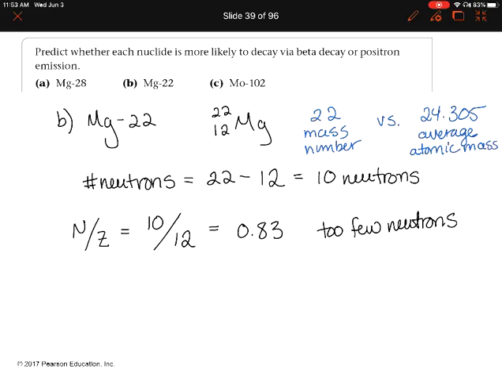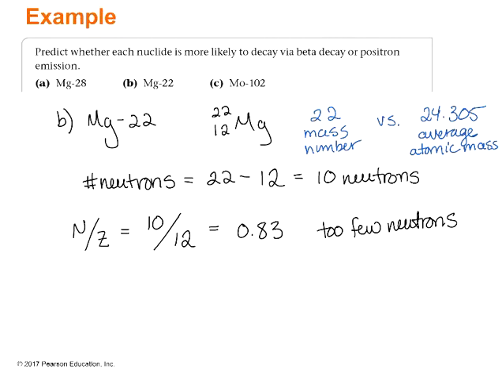So 22 is still pretty low compared to 24.305. So again, that tells me this isotope doesn't have enough neutrons.